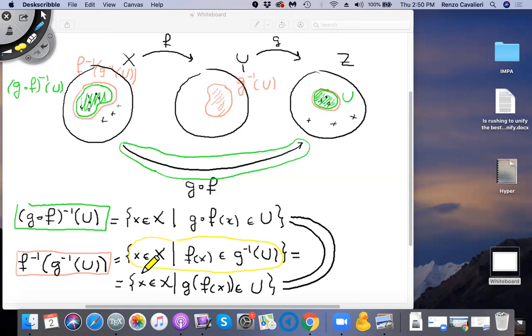You have to re-express it in an equivalent way here. And then once you re-express it this way, you see that this is equal to this one up here, simply by definition, g composed with f of x by definition is g of f of x. Okay. Hopefully that helped.